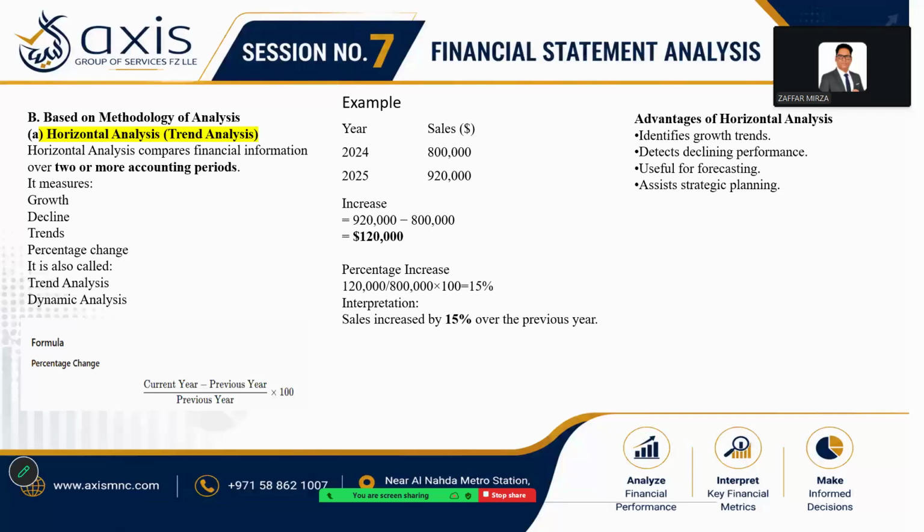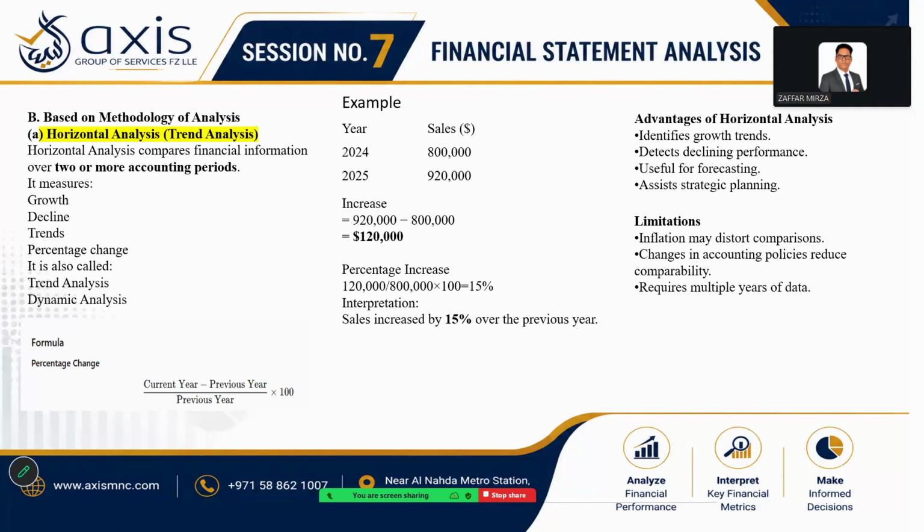Advantages of horizontal analysis: it identifies growth trends, detects declining performance, is useful for forecasting, and assists strategic planning. What are the limitations? Inflation may distort the comparison. Changes in accounting policies reduce comparability. It requires multiple years of data. To prepare the trend analysis, we need multiple years of data.